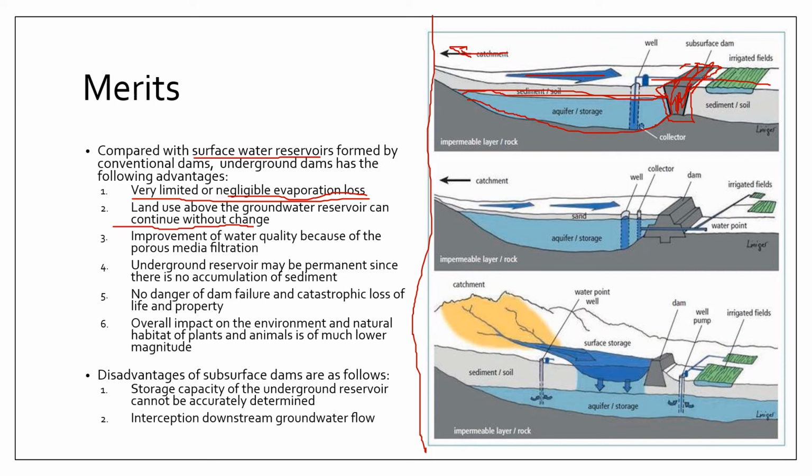Second point is that subsurface dams barely affect the land use above the reservoir. In fact, subsurface dams can even improve the vegetation in the overlying ground, right? Unlike in surface dams where you end up flooding the whole area, all right?